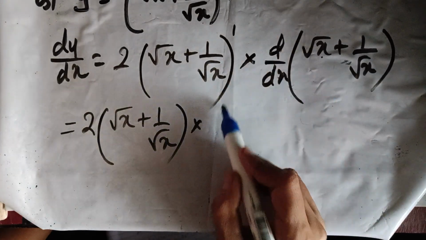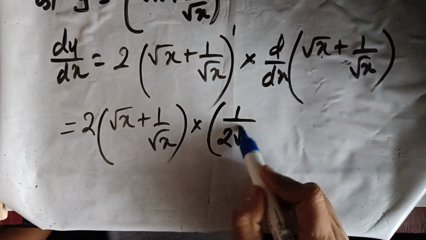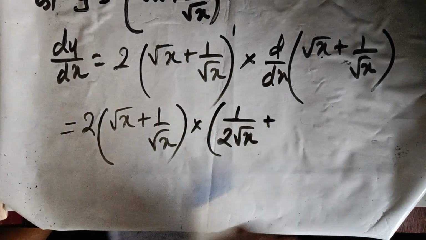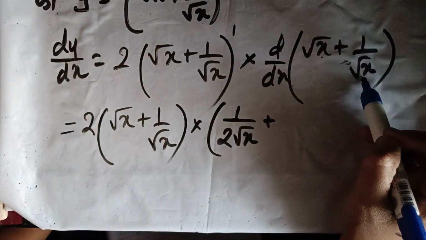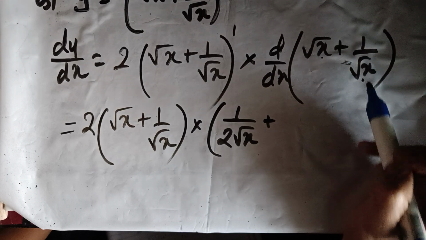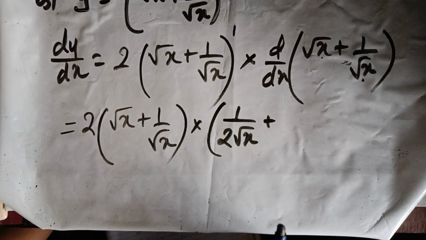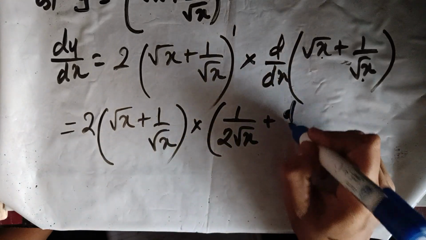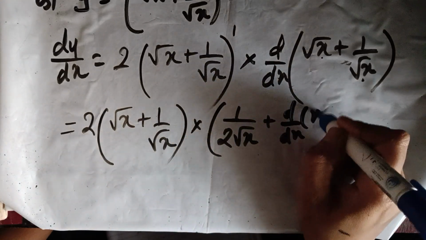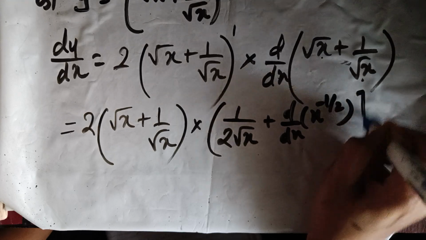Derivative of root x is what? You can write directly 1 upon 2 root x plus derivative of 1 upon root x. So 1 upon root x means in the numerator it will be x raised to minus half. Correct? So I'll write here d by dx of x raised to minus half. Okay.